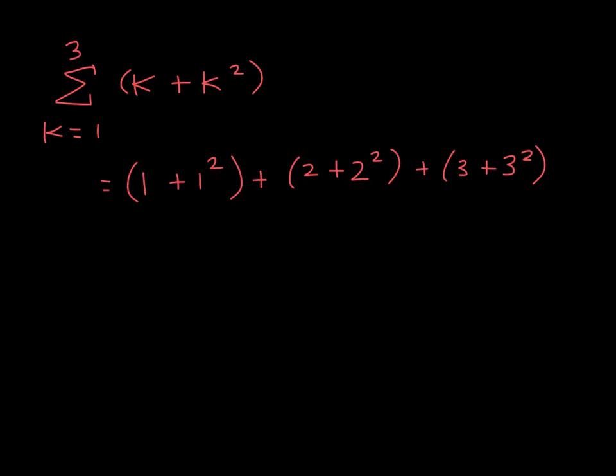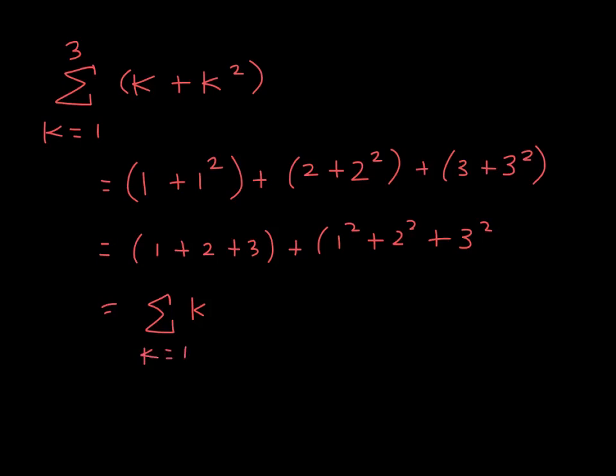And because addition is associative, I can regroup these terms to be 1 plus 2 plus 3 plus 1 squared plus 2 squared plus 3 squared, which is equivalent to sigma of k as k goes from 1 to 3 plus sigma of k squared as k goes from 1 to 3. So notice that sigma of this sum is equivalent to the sum of these sigmas, right?